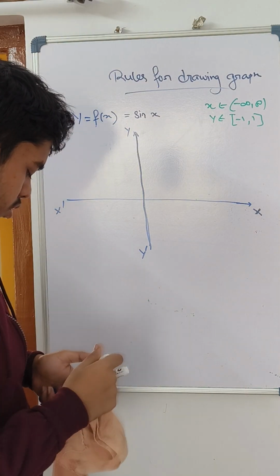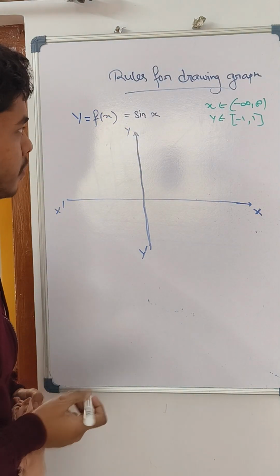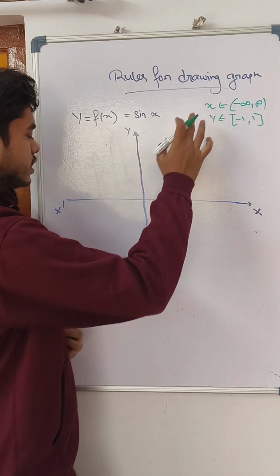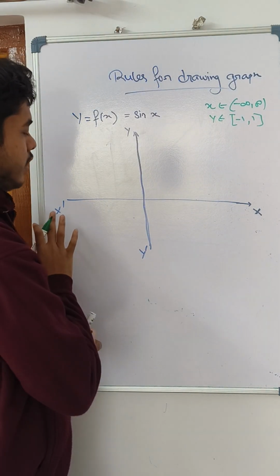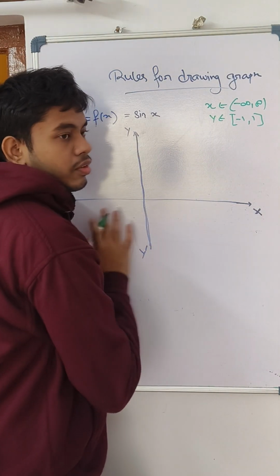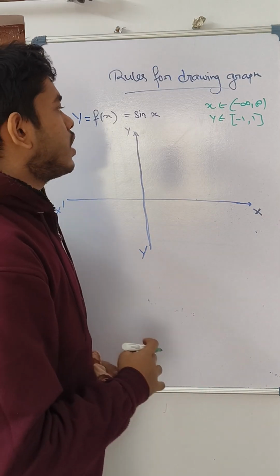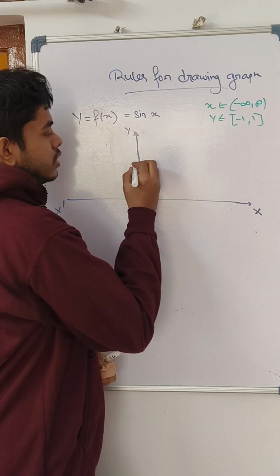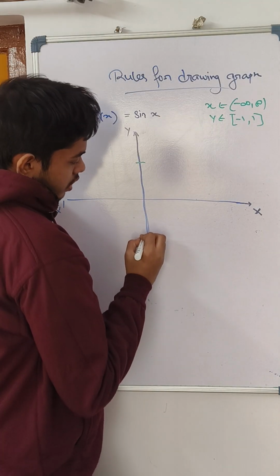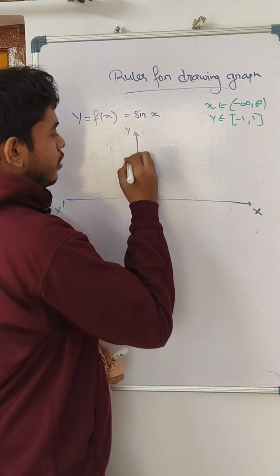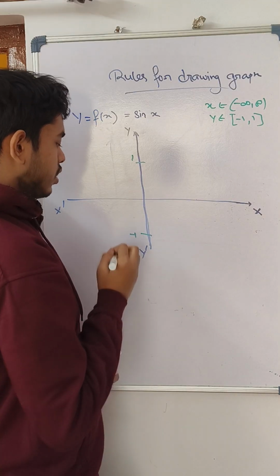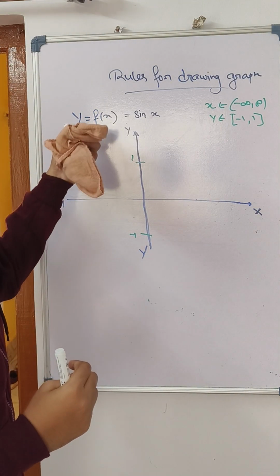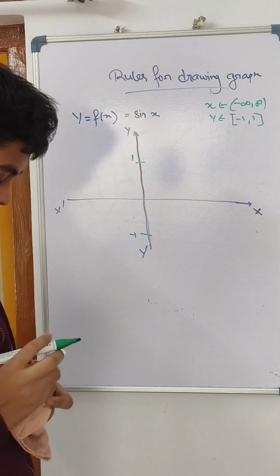So this says that we have values all over the real line axis, and for y, minus 1 to 1 is that the curve will give a value from 1 to minus 1. Okay, not more than this, but less than this.